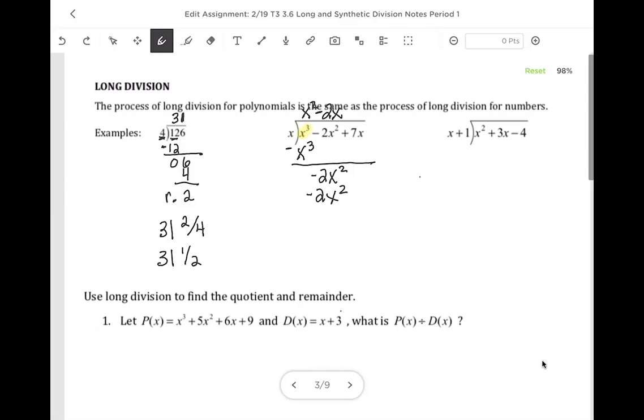And then you subtract. Now, that gets a little complicated when you have all those minus signs. So negative 2x squared minus a negative 2x squared is going to be negative 2x squared plus 2x squared. And so they're going to zero out because we're subtracting, right?